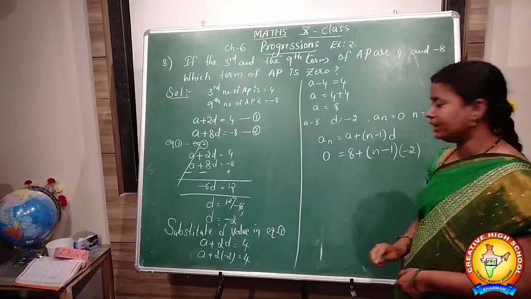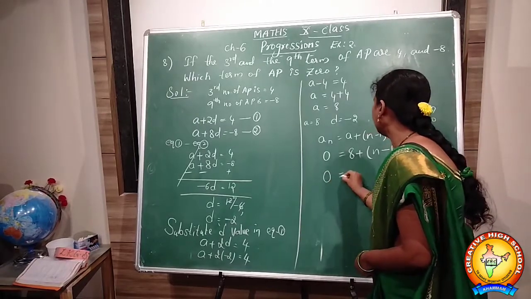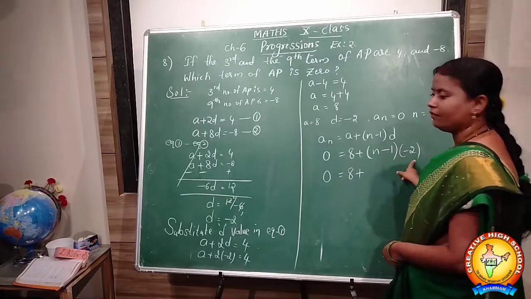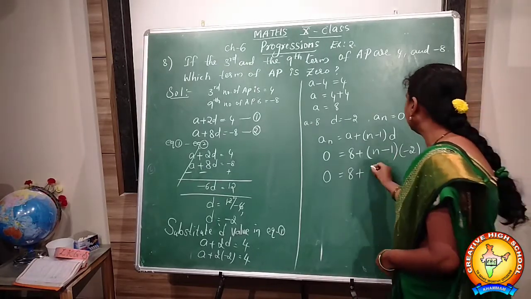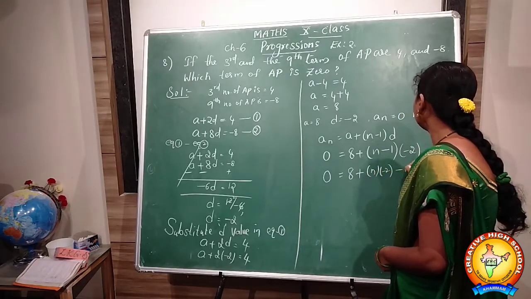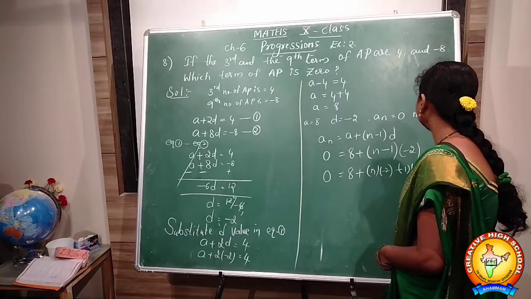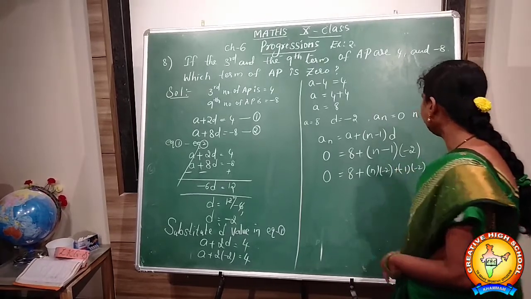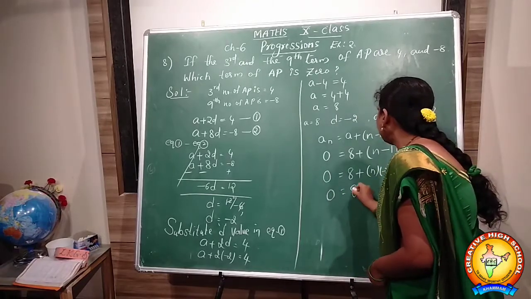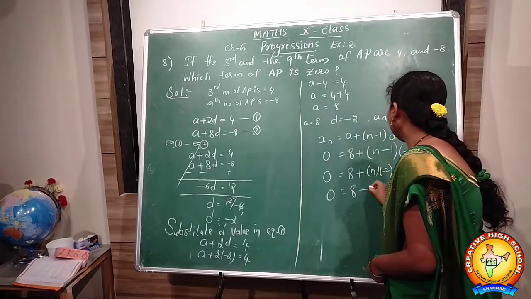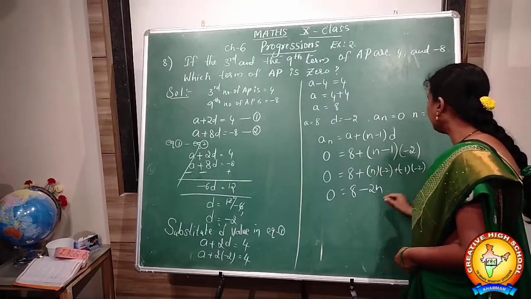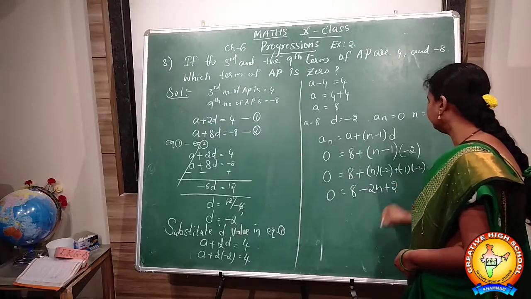So let us simplify this one. 0 is equal to 8 plus multiply n minus 1 with minus 2. n into minus 2, minus 1 into minus 2. Okay? See. 0 is equal to 8 minus 2n, minus into minus plus 2 ones are 2, plus 2.